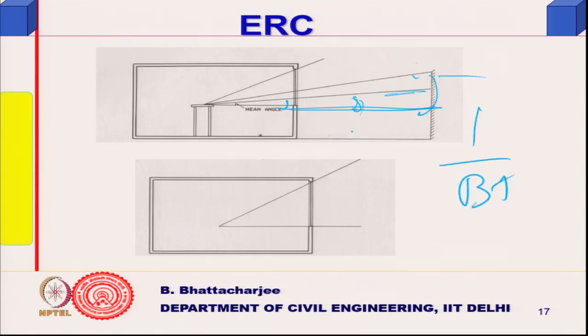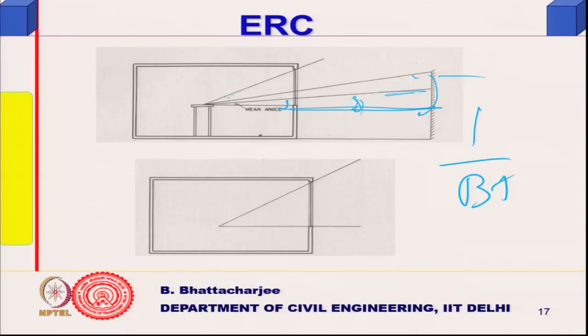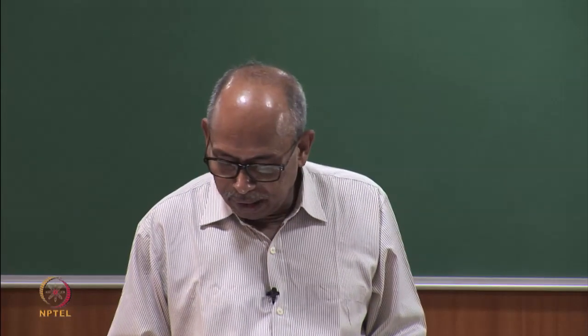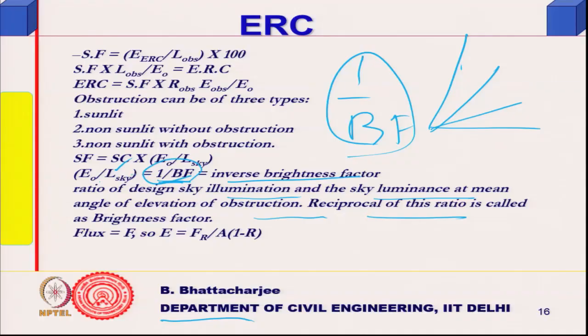This will vary from 5 degrees to 85 degrees. 90 degrees means it is fully blocking everything, and 90 degrees is very unlikely. If this is your working plane, nearly 90 degrees means somewhere here, but it is given for 5 degrees to 85 degrees, 1 by BF. And what is 1 by BF? 1 by BF is nothing but E 0 by L sky.